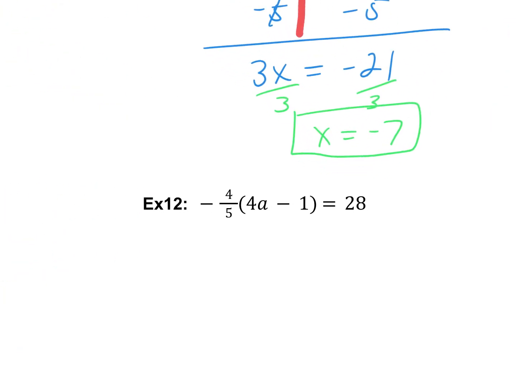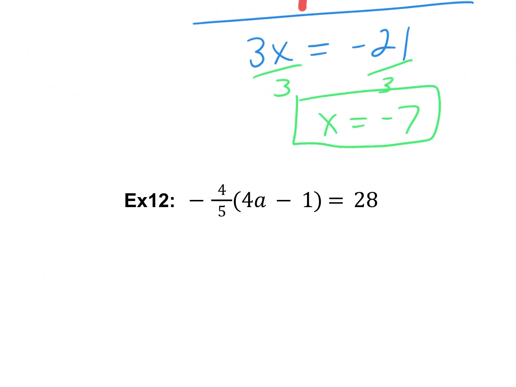And then once again, number 12. Negative 5 fourths times negative 5 fourths. These will simplify to 1. And cross cancel here, 7, negative 35. Again, you're down to a 2-step equation.